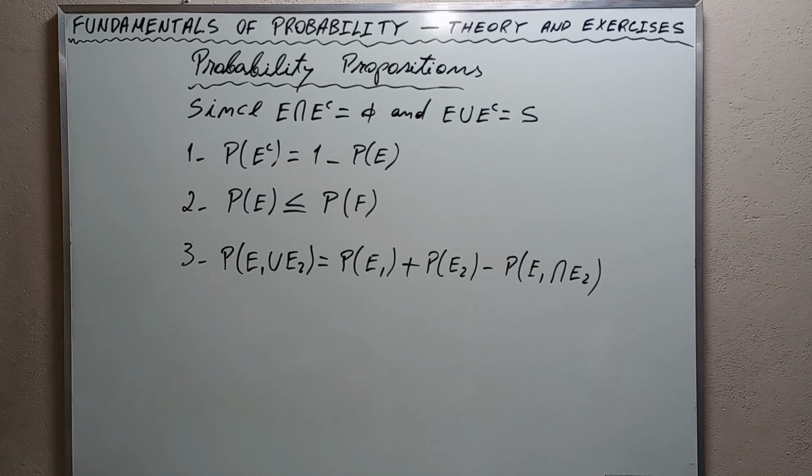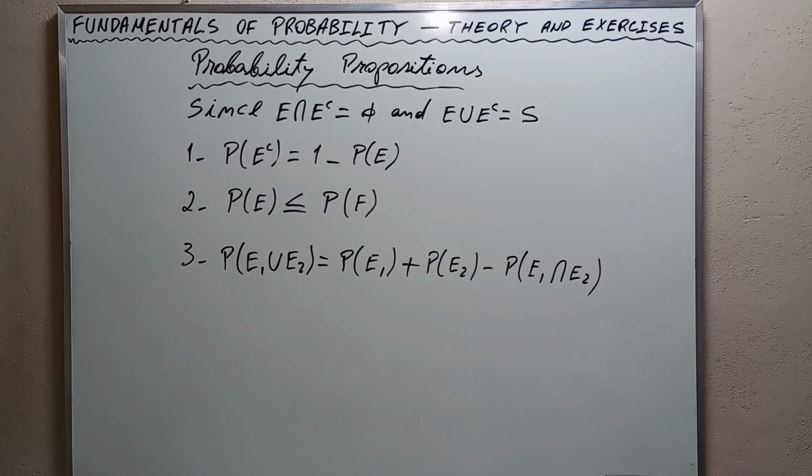Note that since E and the complement of E are always mutually exclusive events, and since the union between E and the complement of E is the sample space, we have that the intersection between E and the complement of E is the empty set, and the union of E with the complement of E is the sample space.